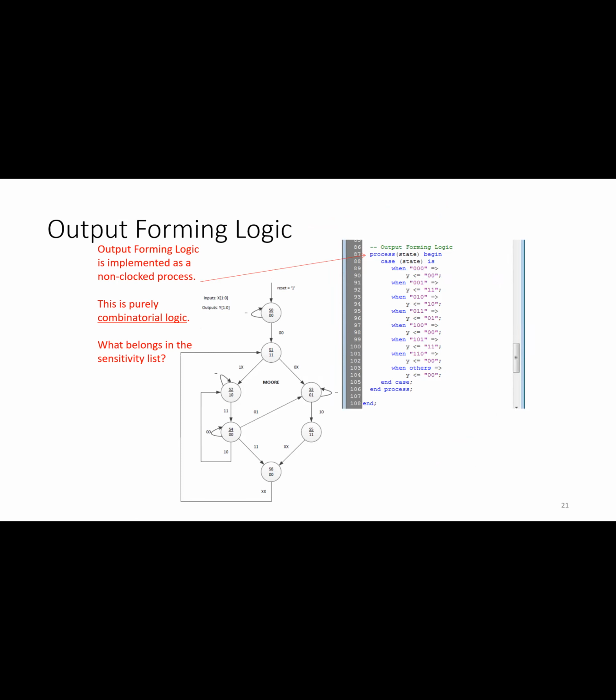Output depends on the current state. And the diagram states that each state has its own output. Professor, can you repeat that? So the output depends only on the current state.